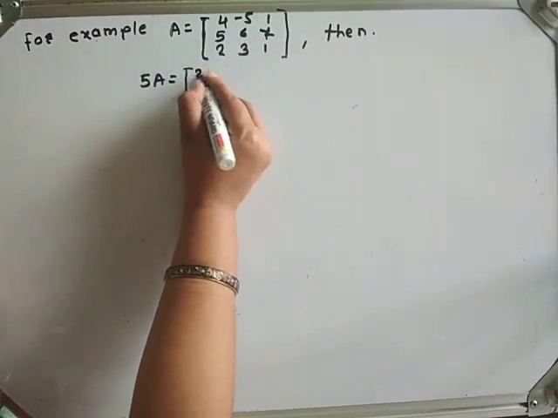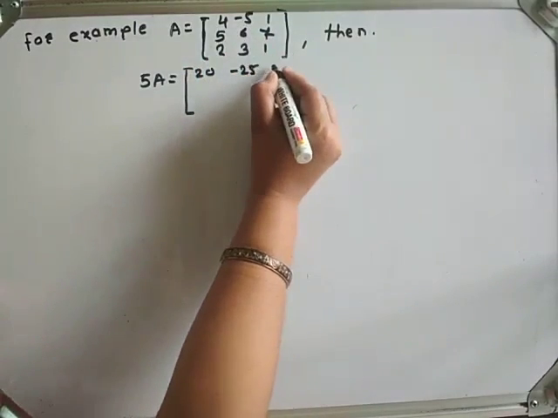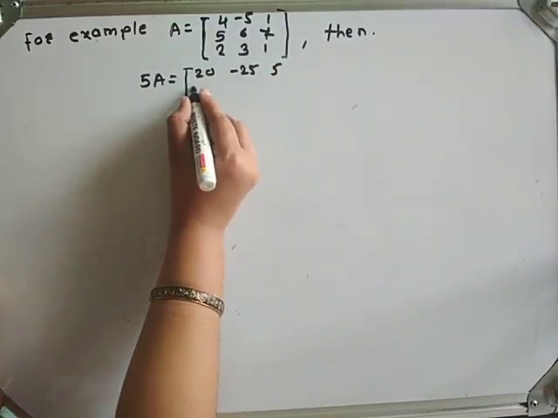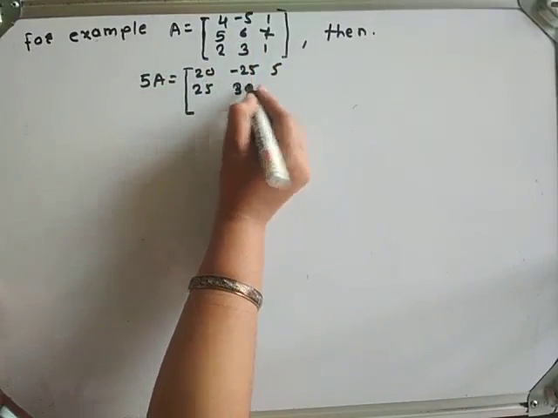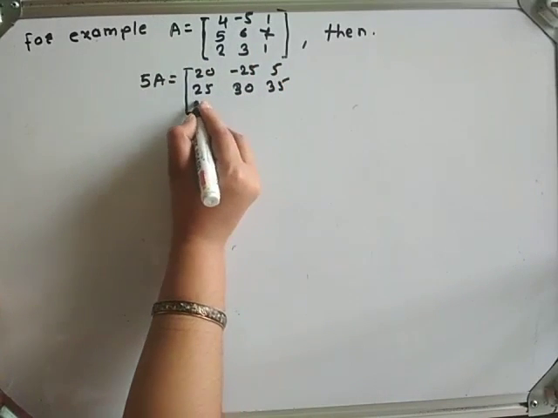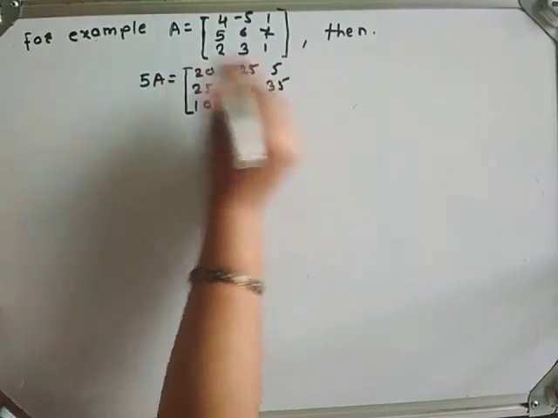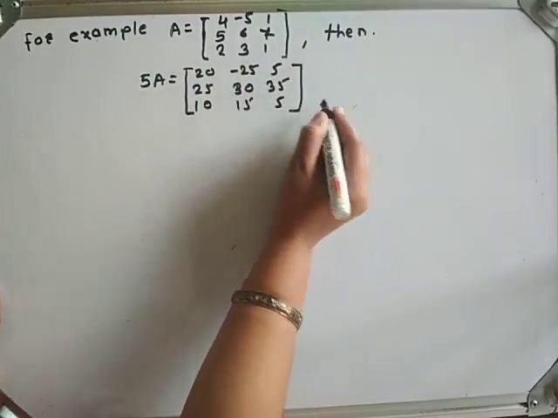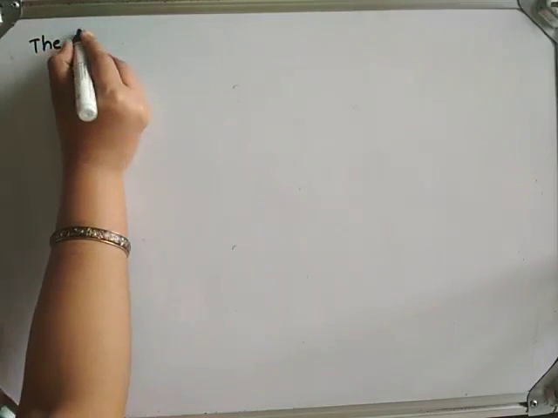Therefore 4 into 5 is 20, minus 5 into 5 is minus 25, 5 into 1 is 5, 5 into 5 is 25, 6 into 5 is 30, 7 into 5 is 35, 2 into 5 is 10, 3 into 5 is 15, 1 into 5 is 5. This is matrix 5A. Let us see the definition of the transpose of a matrix.